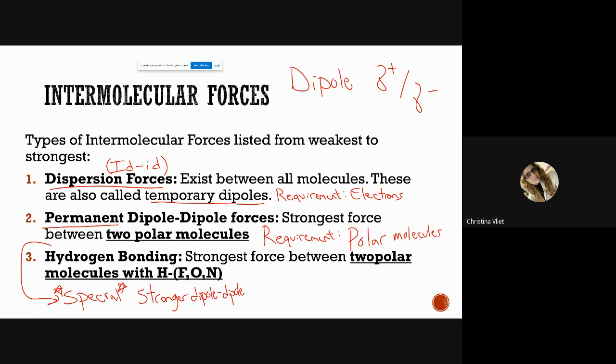However, in order for a molecule to exhibit hydrogen bonding, it has to have hydrogen connected specifically to 3 specific elements that I've mentioned in the past. In order for molecules to have the special stronger type of connection, it has to be hydrogen bonded to FON.